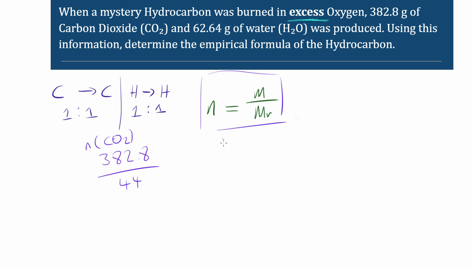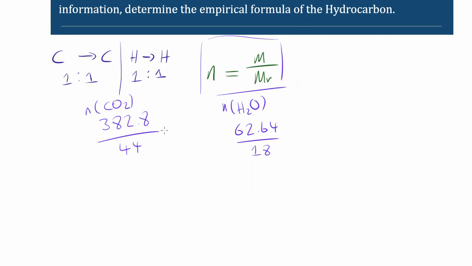And on the moles of H2O side, we're going to do 62.64, that's the mass of water, divided by the molar mass of water, which, as we worked out, is 18.